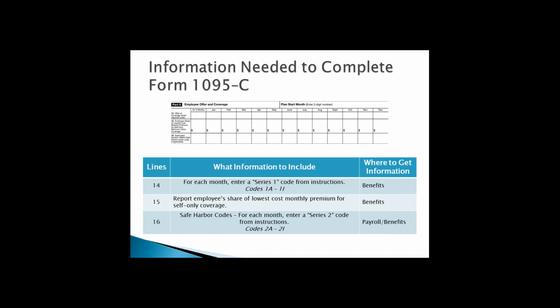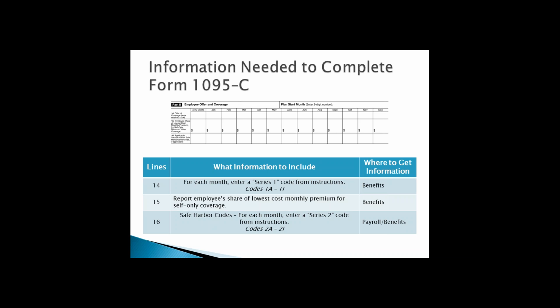So the next line on the 1095C is line 15. This line is required to be completed only if code 1B, 1C, 1D, or 1E is entered on line 14, either in the all 12-month box or in any of the monthly boxes.